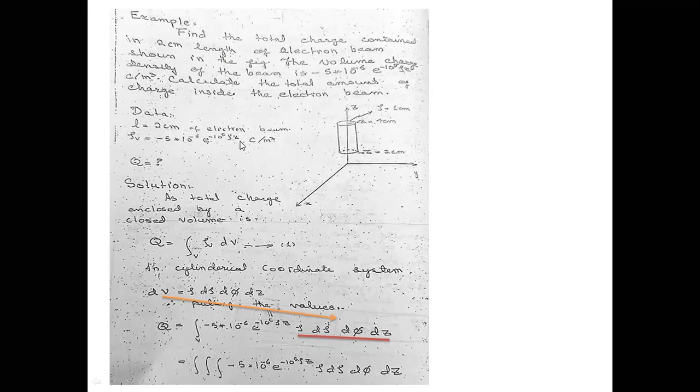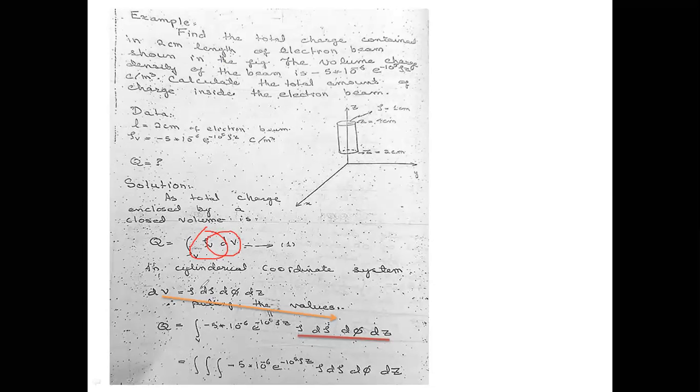Now it looks very confusing, but it's quite easy: we have rho and z in this, so we will apply the integration for rho and z. But before that, Q is the integral of rho v dv, so we have to replace the values for rho v and dv.